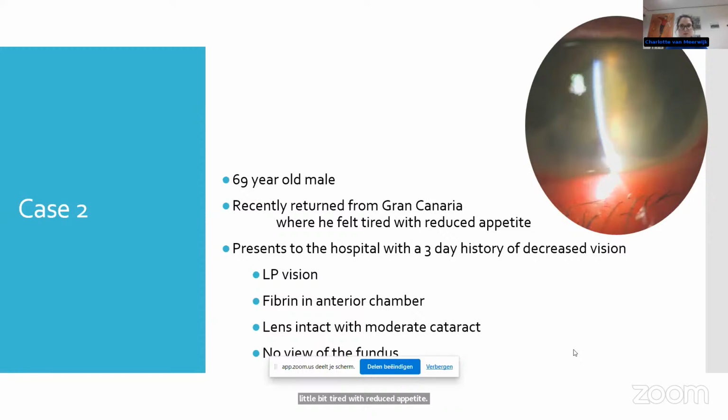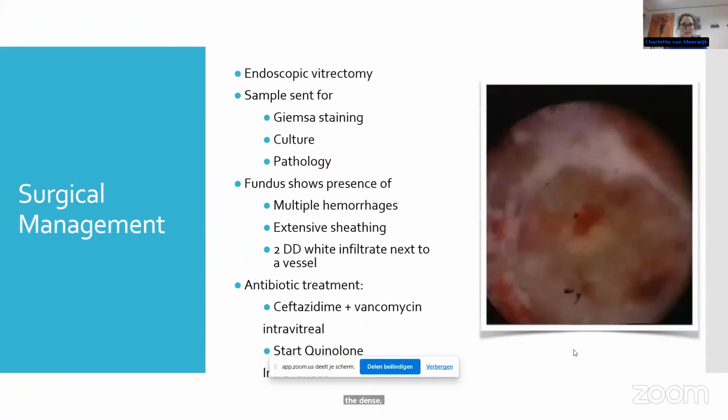He presented to the hospital with a 3-day history of decreased vision, with light perception vision and fibrin in his anterior chamber. His lens was intact with moderate cataract, and the fundus could not be investigated because of the dense fibrin and also the cataract.